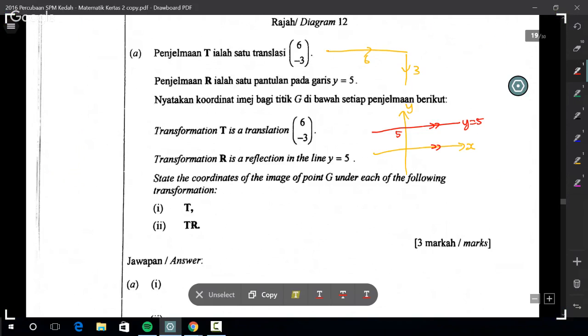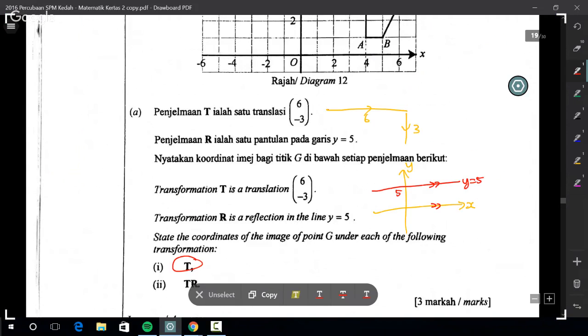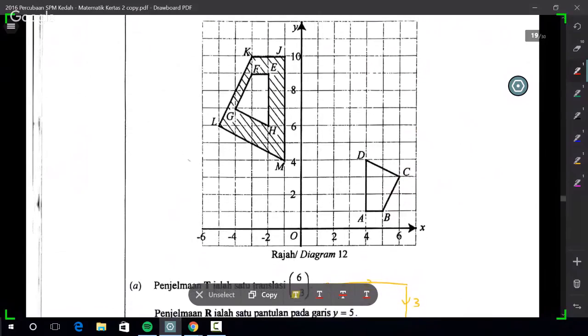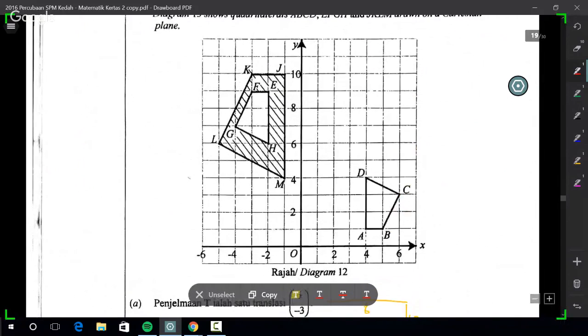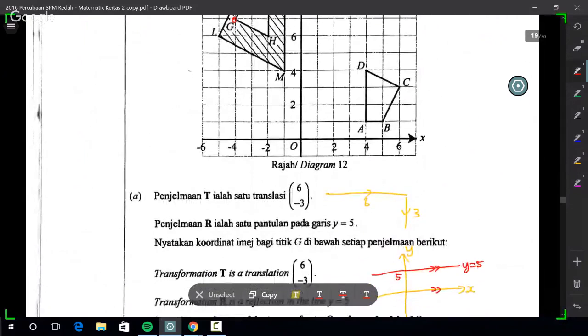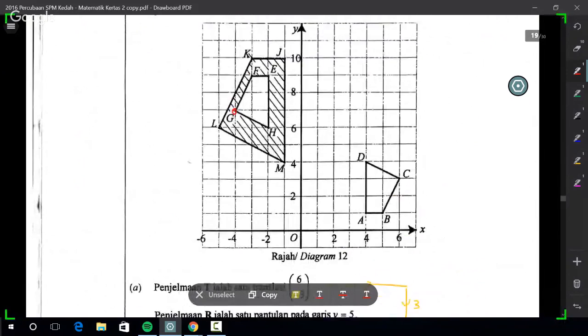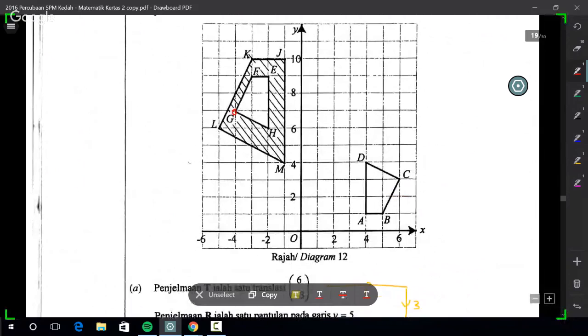All right, state the coordinates of the image of G under the following. So we do T first. Where is G? Okay, G is over here. I hope you see the G. T is (6, -3), so that means 1, 2, 3, 4, 5, 6 to the right, going down 3 units, 1, 2, 3.